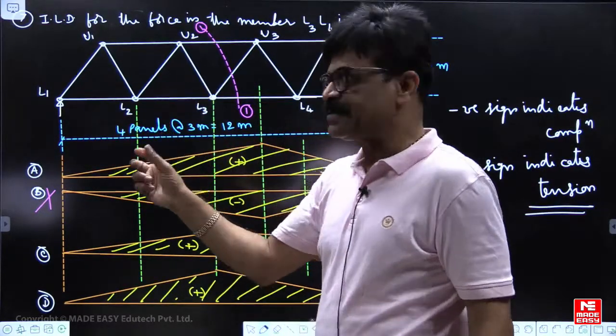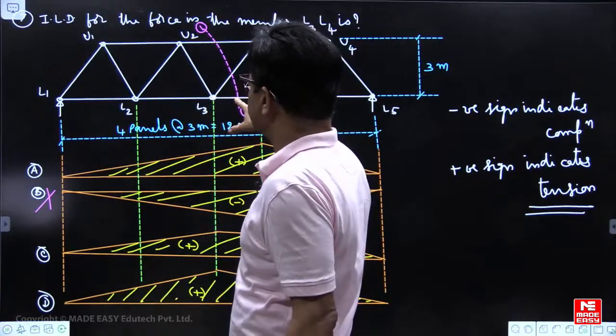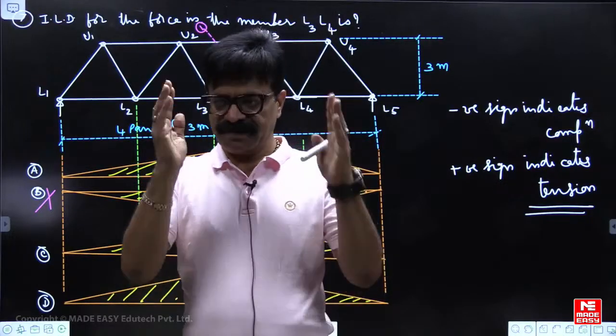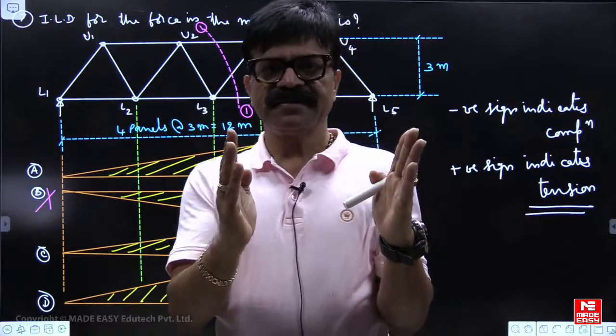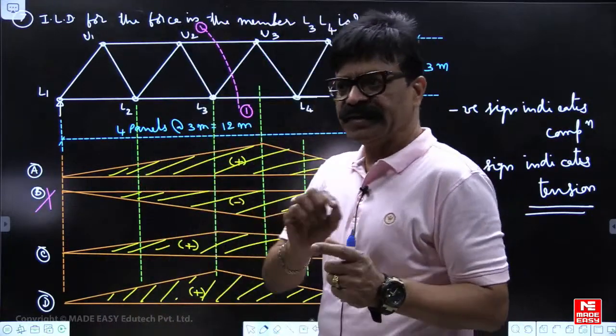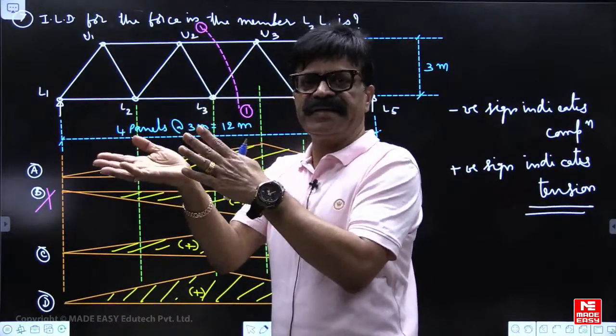Between the panels, L1, L2 is one panel, L2, L3 one panel, L3, L4, L4, L5 one panel. Within the panels, ILD must be a straight line, right? So it cannot be bilinear; curves will not be there.